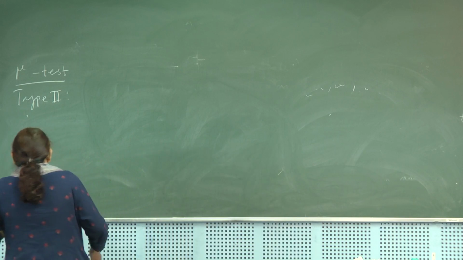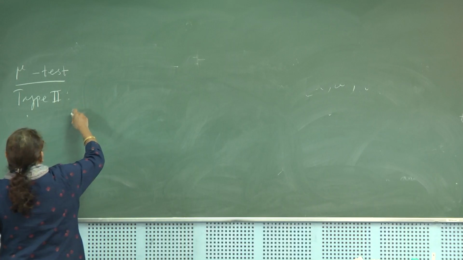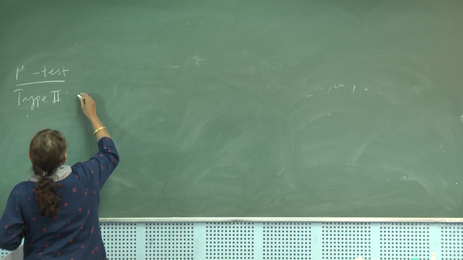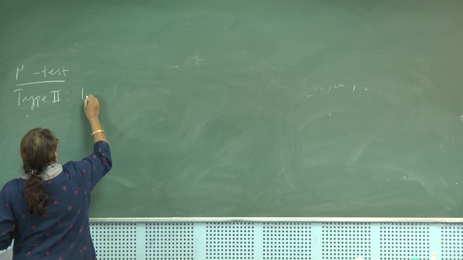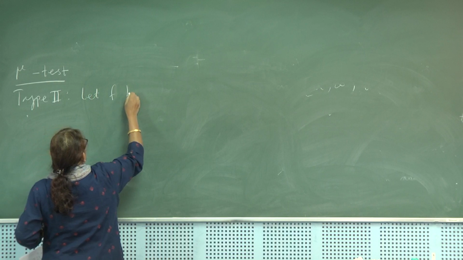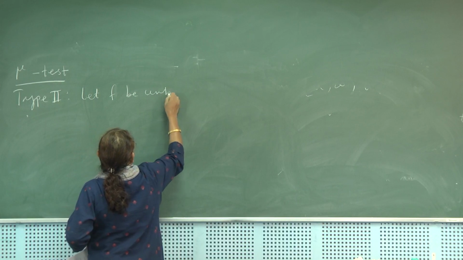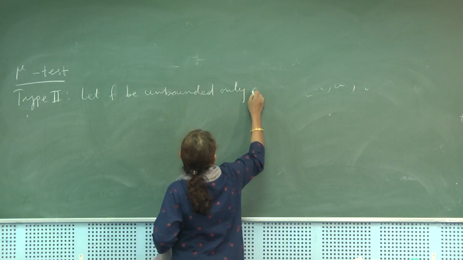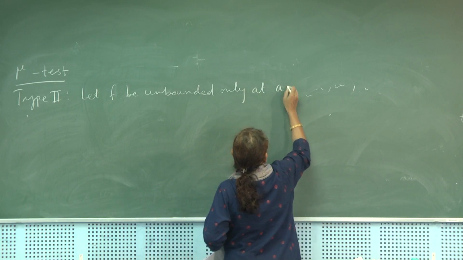So, here we look at the case that f is unbounded only at a. So, let f be unbounded only at this a.